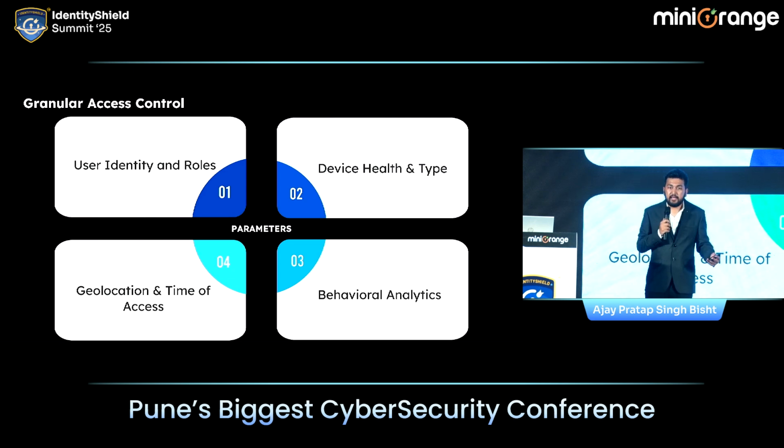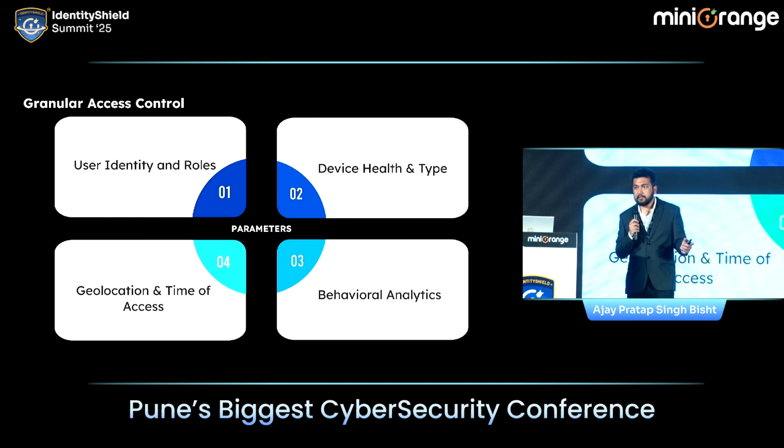In a similar way, access control also works. Let's say I have given you permission to access your Google Workspace only from India. As long as you are using an Indian IP or you are in India, you will be able to access it. The moment you change your geolocation, you will be completely restricted from getting access.